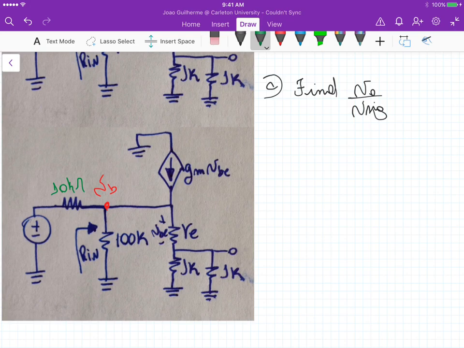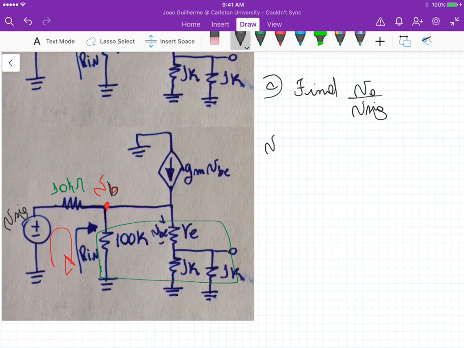Now we can obtain a relationship between VB and V signal because we call this entire thing here the input resistance. So if we look at this loop here, we can obtain a relationship between V signal and VB using a voltage divider, right?